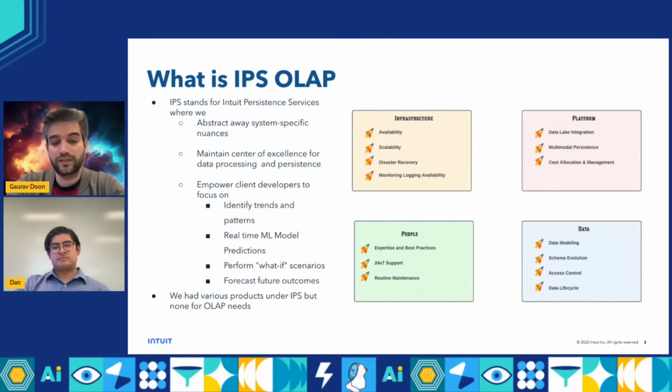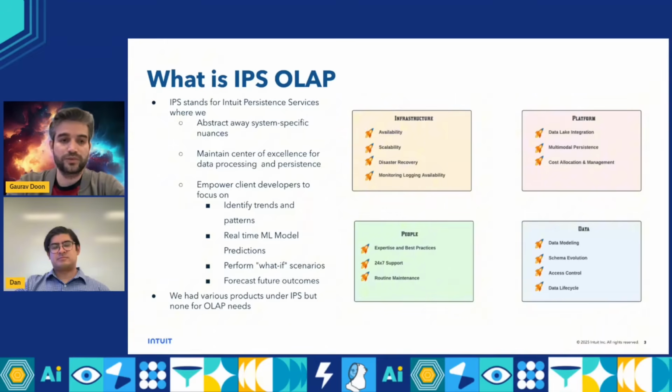Access control is something I already talked about, and data lifecycle is another important thing in today's day and age with all of the compliances that come with different types of data. So that is also very important, and we provide support for that in our platform.